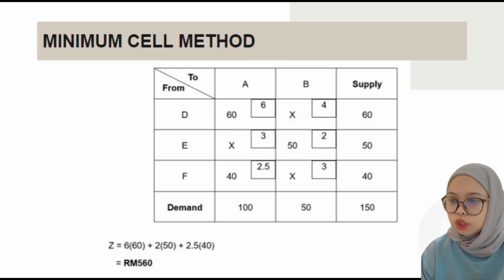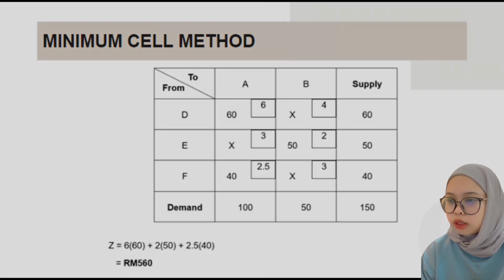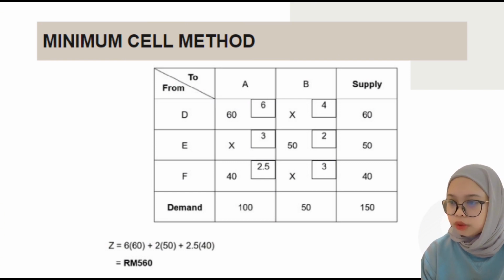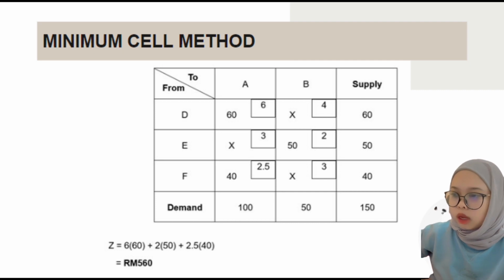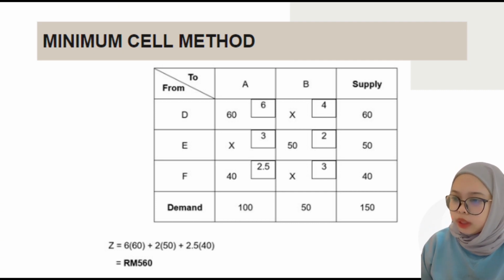The lowest cost is 2, and the demand is 50, so they can only supply 50. So we proceed with 50, and automatically the demand of B for the numbers 4 and 3 is X, and also for the 3, the demand is also X.